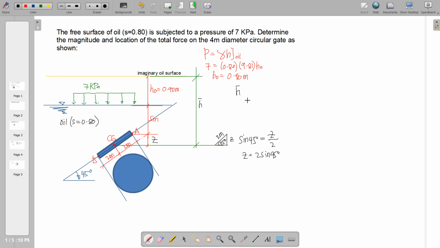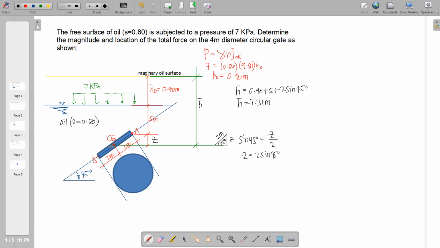And as for our H bar will be equal to, we have 0.9 plus 5 plus Z, which is 2 sine of 45 degrees. So therefore, H bar will be equal to 7.31 meter. So our concern here actually is the magnitude and the location of the total force.